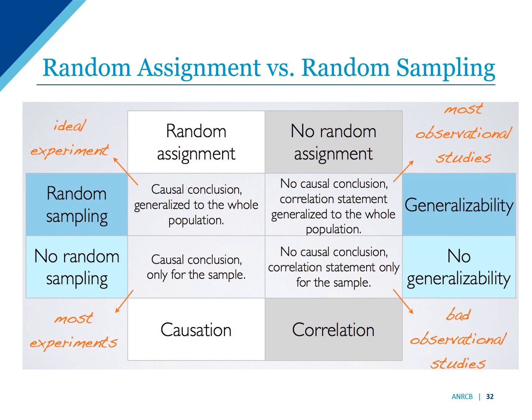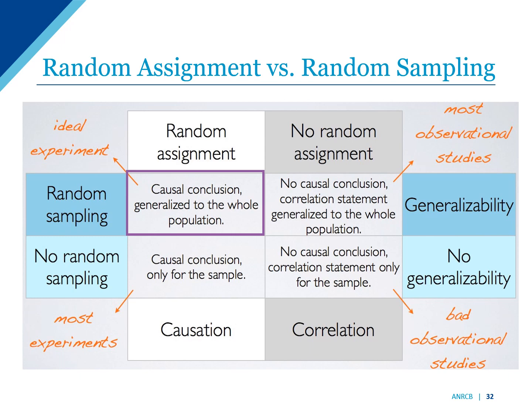Finally, a reminder that random assignment and random sampling are two distinct methods which, when combined, are very powerful for helping to establish causation over correlation. In an ideal experiment, represented in the upper left-hand corner, we would have random sampling, as you see in our top row, and random assignment, which you see in our first column.